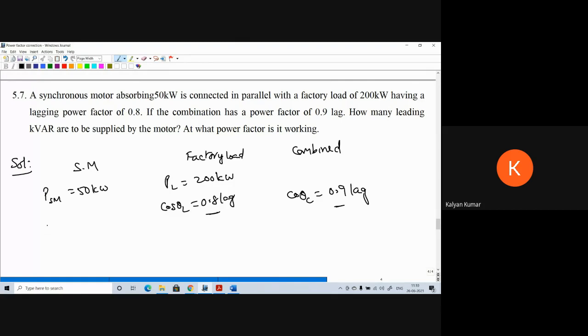And at what power factor does the synchronous motor operate? That we need to find out.